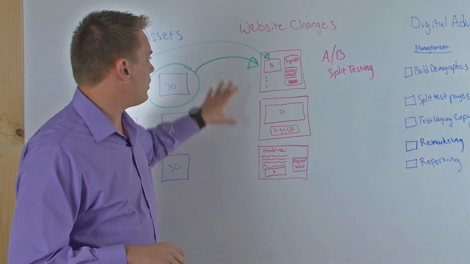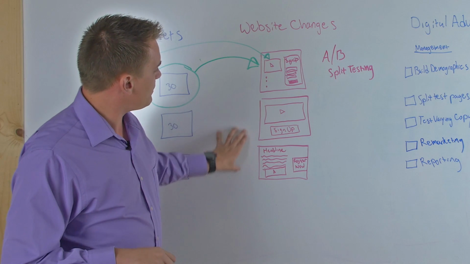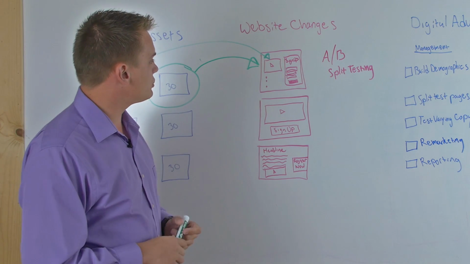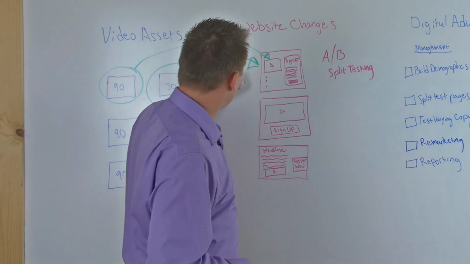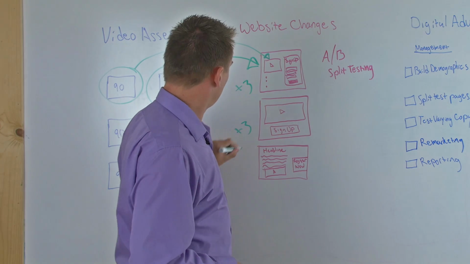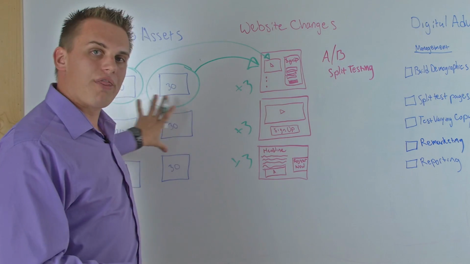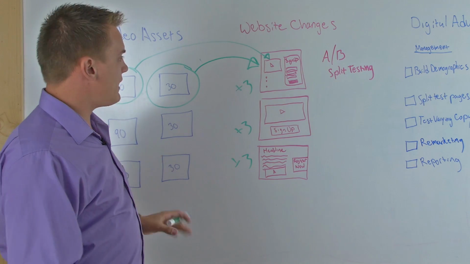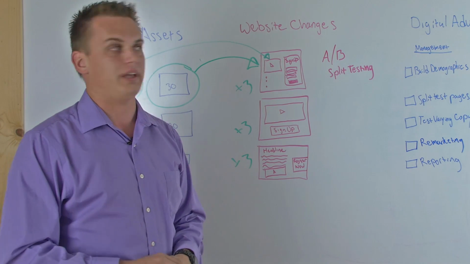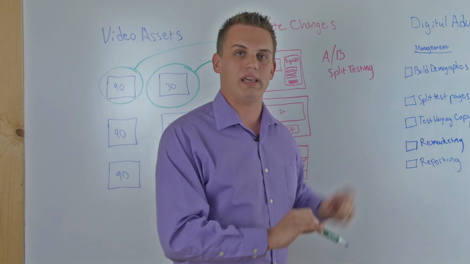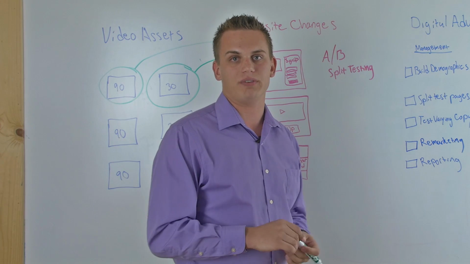Now, in that regard, the way we've set this up here, I would recommend actually having 9 of these pages, as in you would have all 3 of these layouts for all 3 of your assets. And then that allows you to do some really cool things when you get over here to the final stage and you're actually doing some digital advertising.